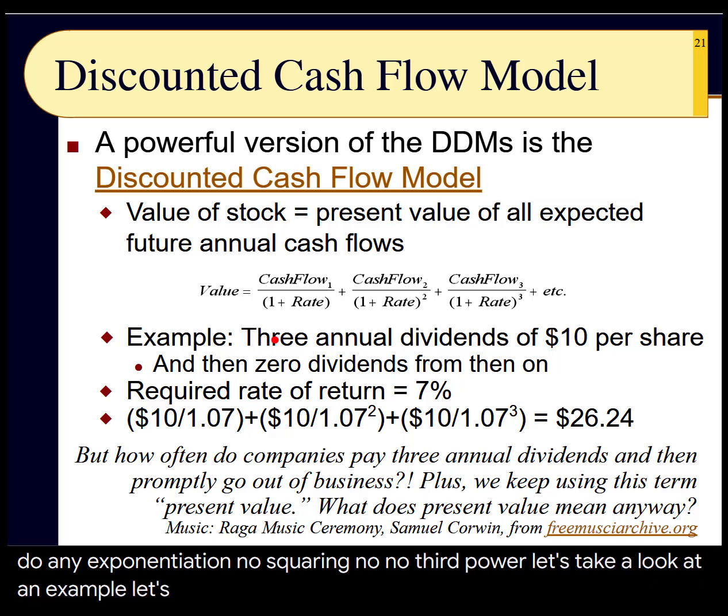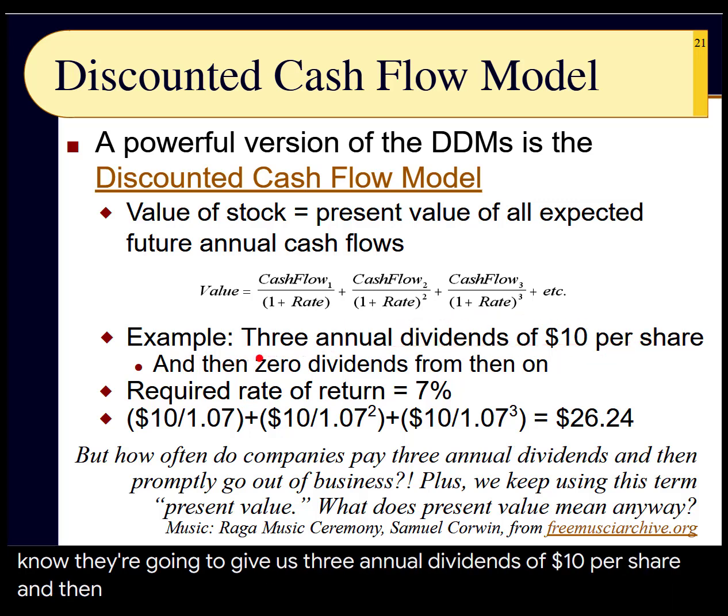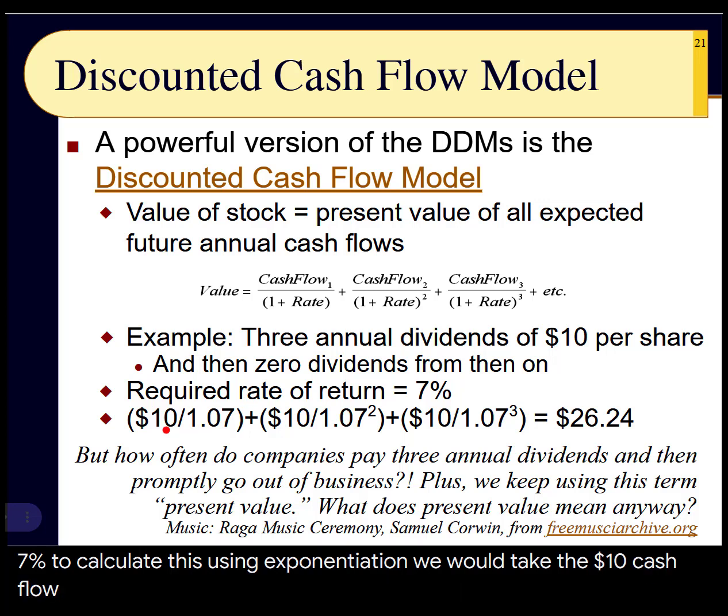Let's say we're looking at a company that we believe or we know is going to give us 3 annual dividends of $10 per share, and then 0 dividends from then on. Required rate of return is, let's say, 7%. To calculate this using exponentiation, we would take the $10 cash flow in year number 1 divided by 1 plus the rate, 1.07.